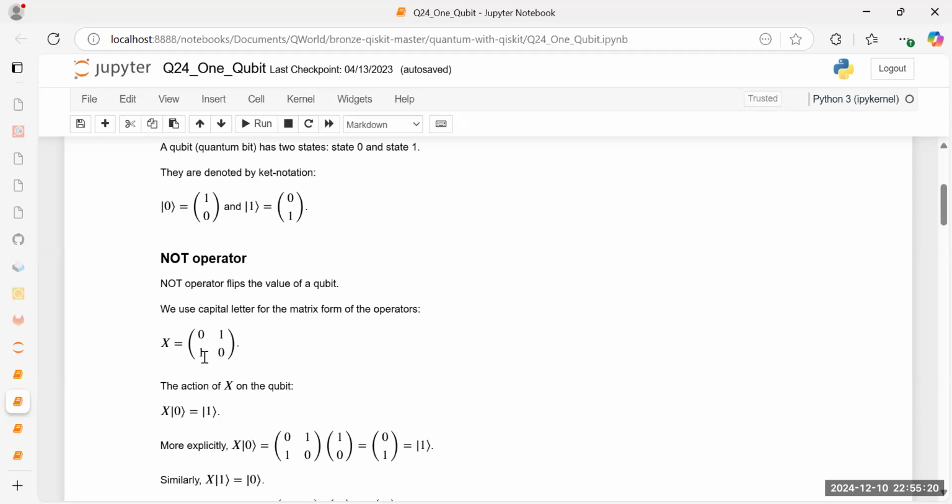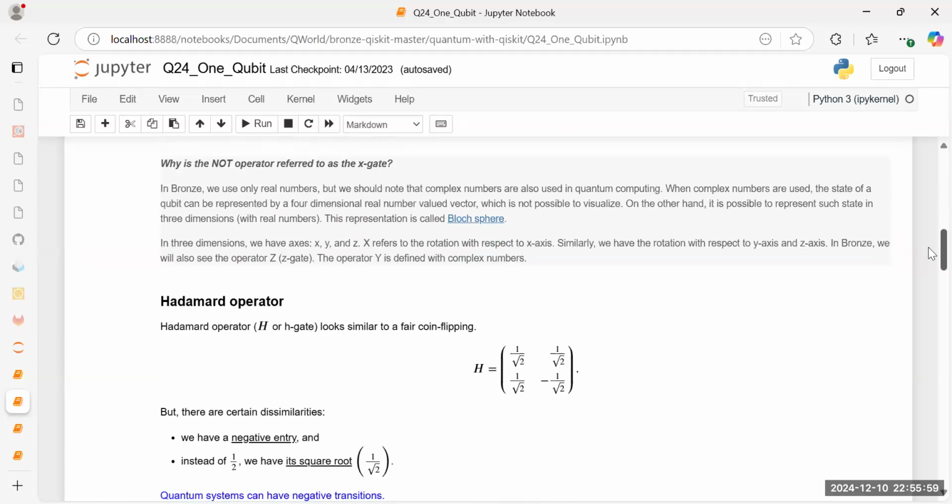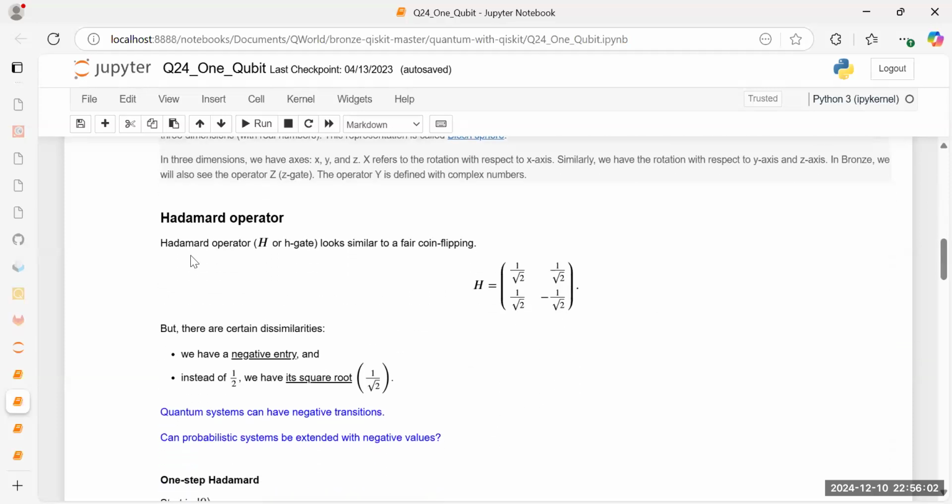When we're looking at probabilistic states and probabilistic operators, this is exactly what we would have used. To execute the NOT operator, this is the exact same matrix we would have used in our classical experiments.